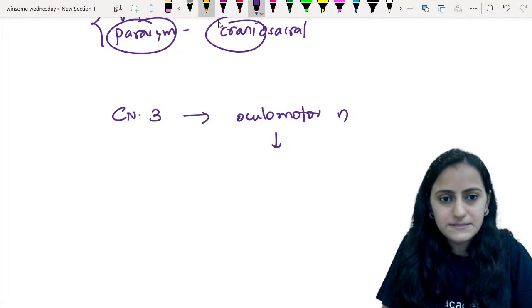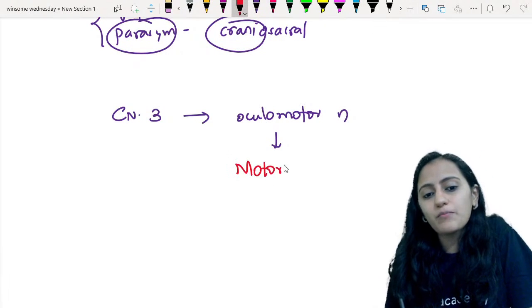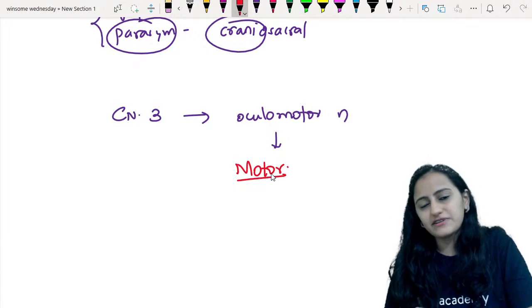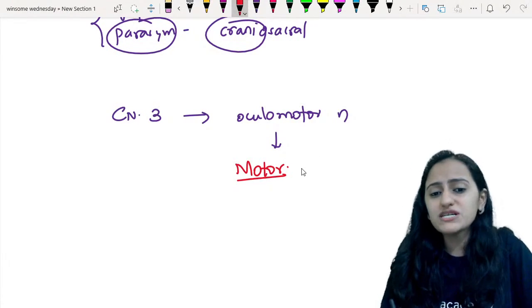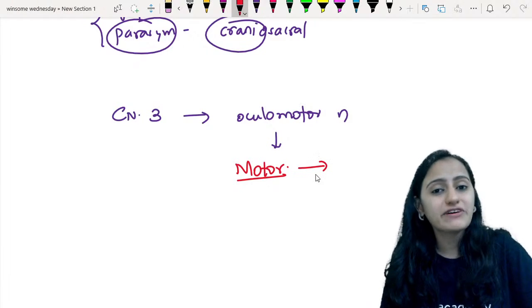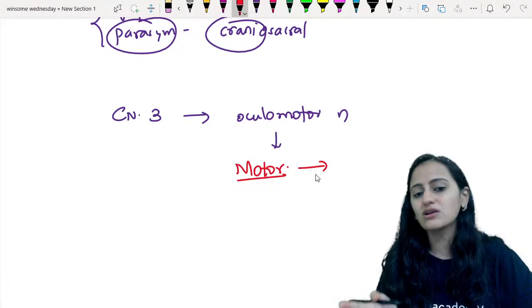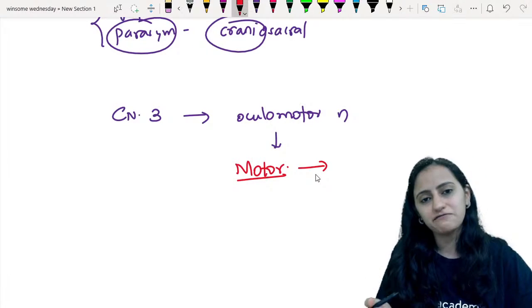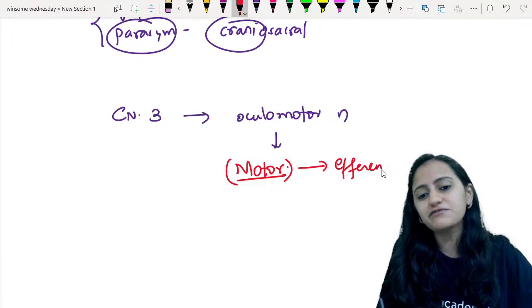What nerve is this? Your cranial nerve 3 is your motor cranial nerve, right? So motor cranial nerve means it will have which column? Will it have afferent column? Will it have efferent column? Or will it have both afferent and efferent? It is only motor. So that is why it will have efferent column.